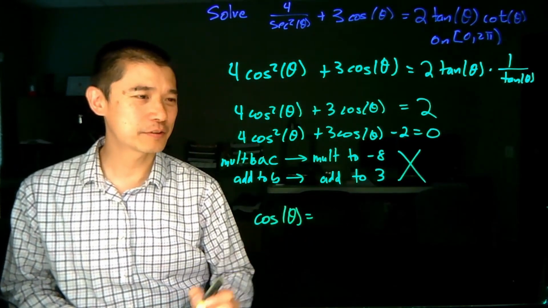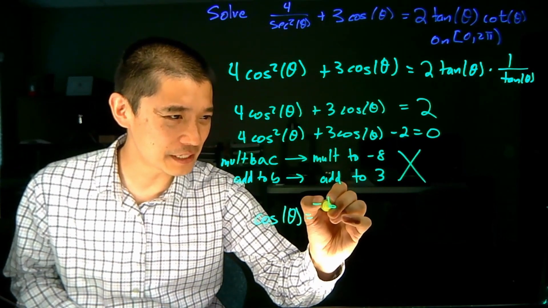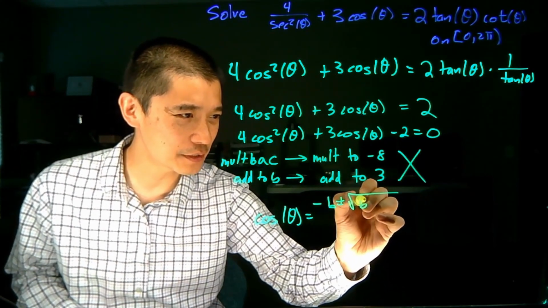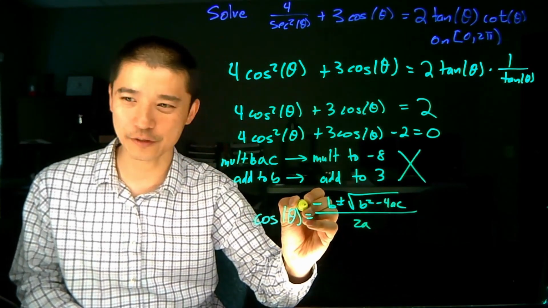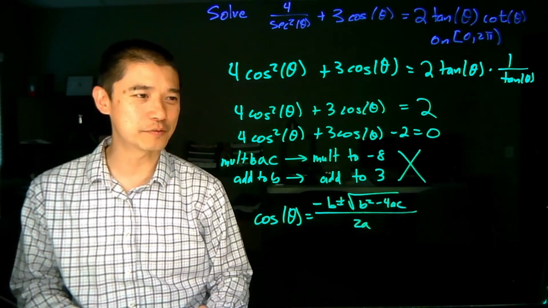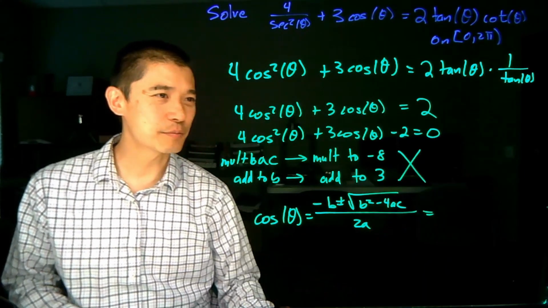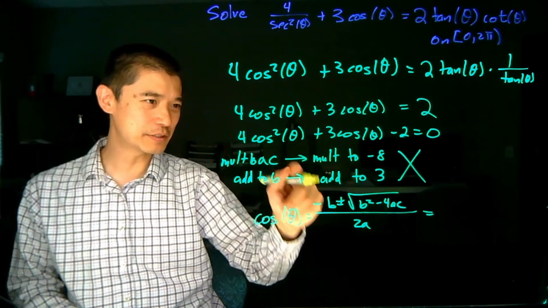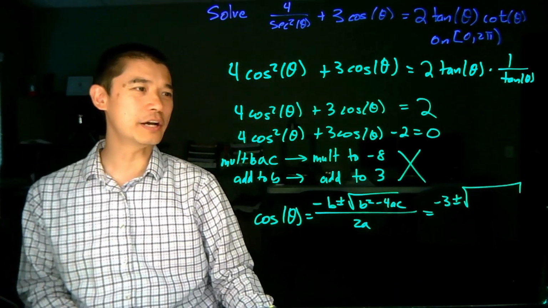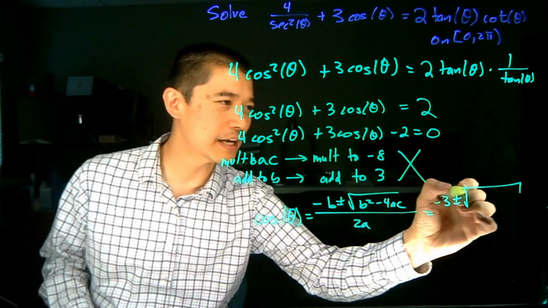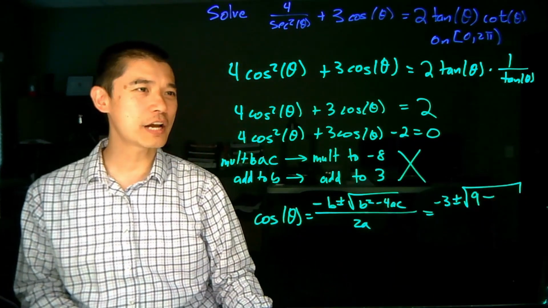I'm going to write out the quadratic formula. Negative b plus or minus the square root of b squared minus 4ac, all of this over 2a. Make sure your fraction bar is long enough to capture both parts of the numerator. So when we make the substitution, our b value is 3, so negative 3 plus or minus the square root of 3 squared, which is 9, minus 4 times a times c.